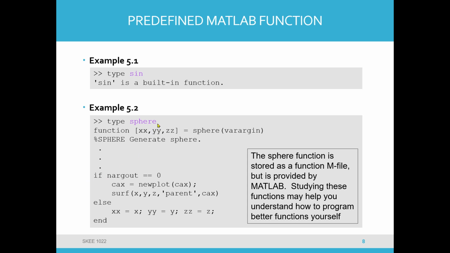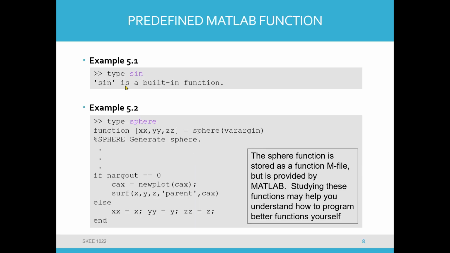If you want to look inside the function, you just use type. And of course this is the output, this is the input. Enough for that. The predefined one is a simple one, but now we move on to user-defined functions, where you make a function on your own.